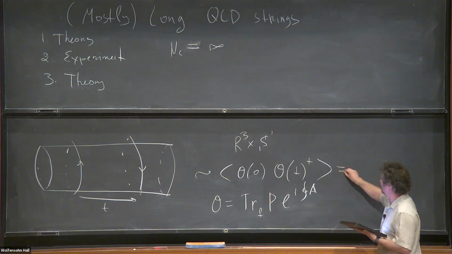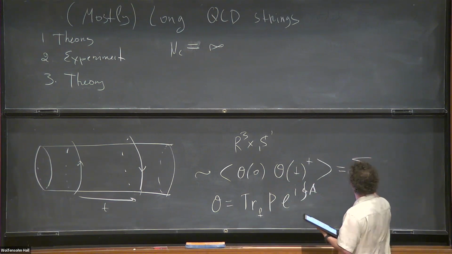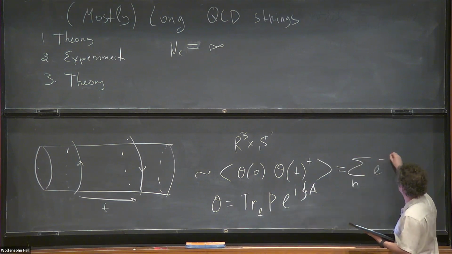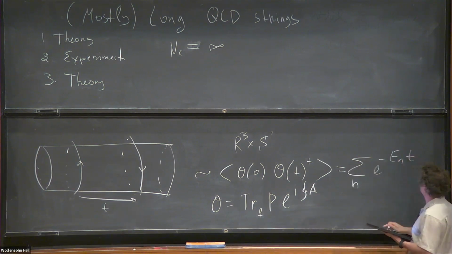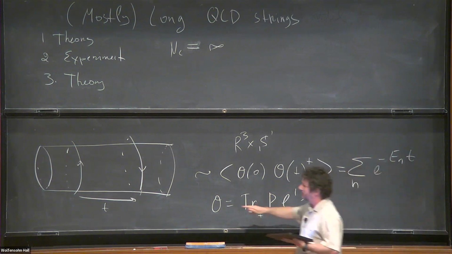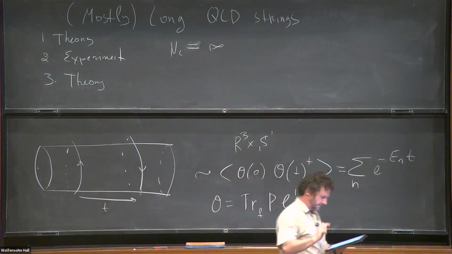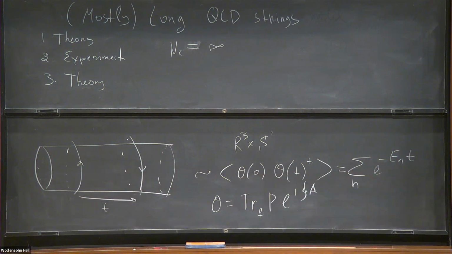One may think about this correlator as a sum of exponents, where what appears in these exponents are the states which are produced by a single Wilson line.